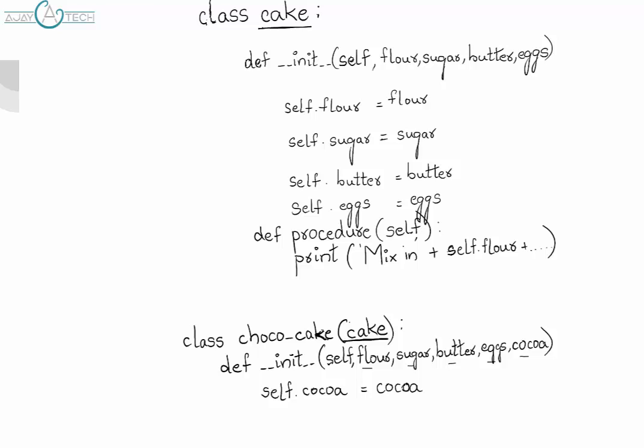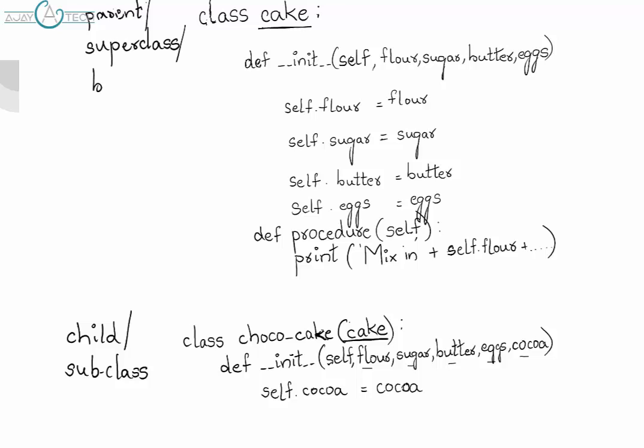The new class is called child class or a subclass. The existing class is called the parent class or superclass or the base class.